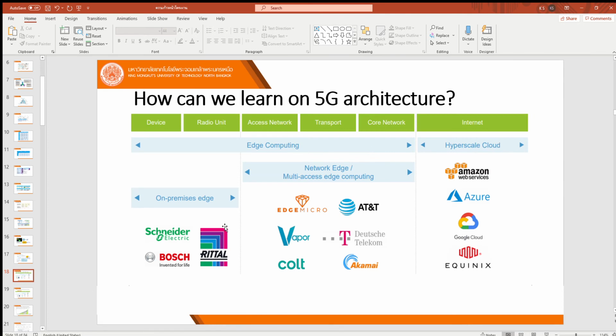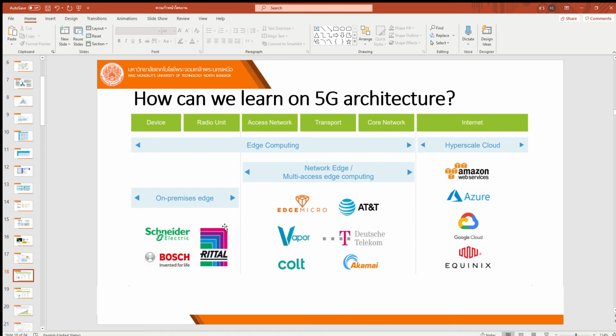So from the university or academic viewpoint, what can we do? Of course, we cannot understand the 5G system by taking the 5G system from the operators. What we can do now is something like a simulation of the operator's 5G system or 5G architecture, using the things that we have.